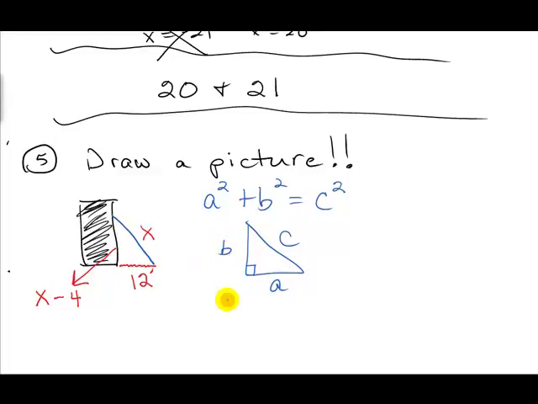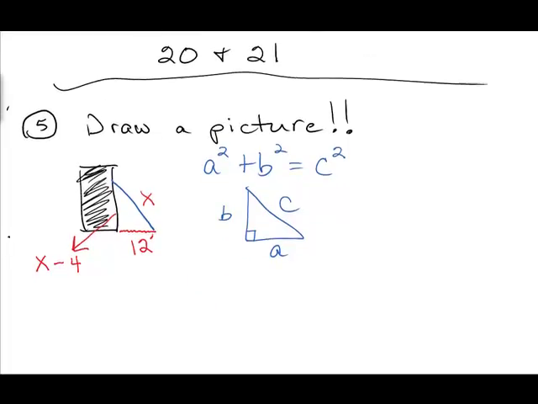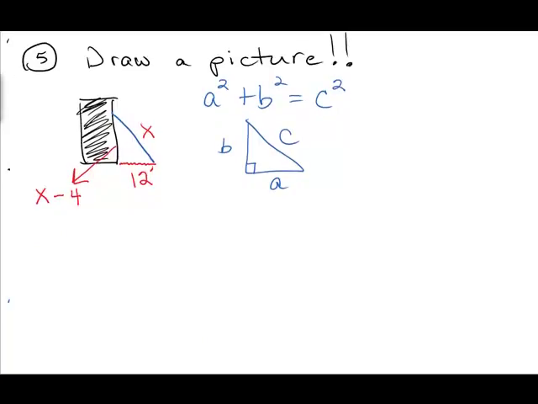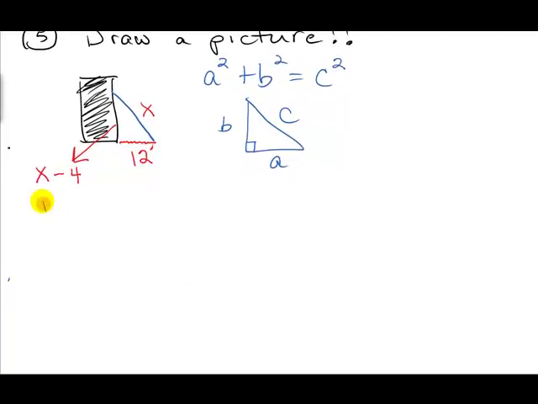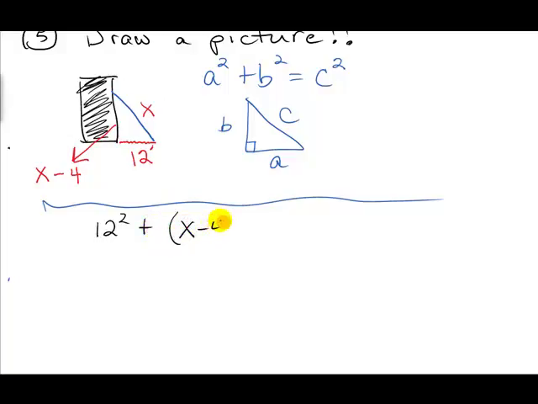I'm just going to go ahead and do it like that, and then we will start filling in our information. So 12 squared plus b squared equals c squared.